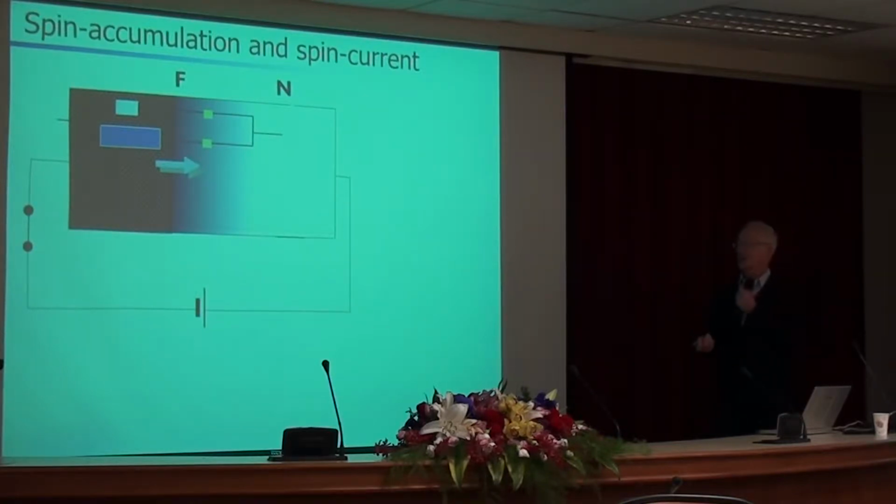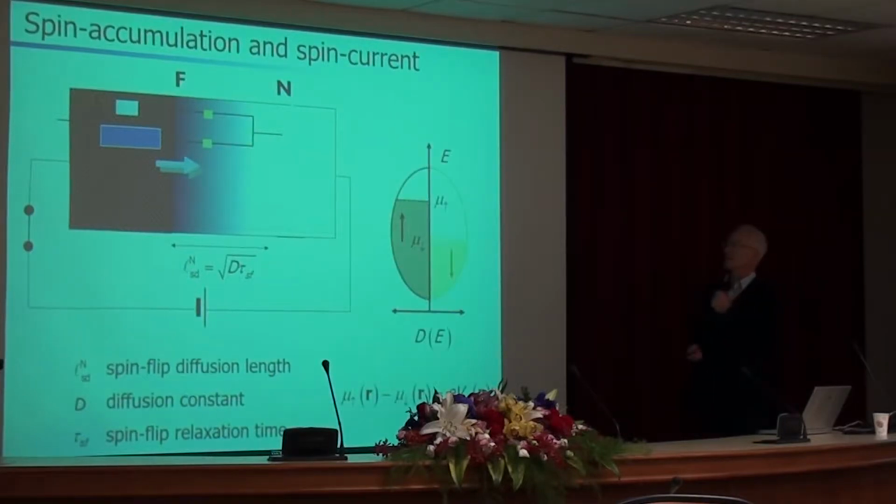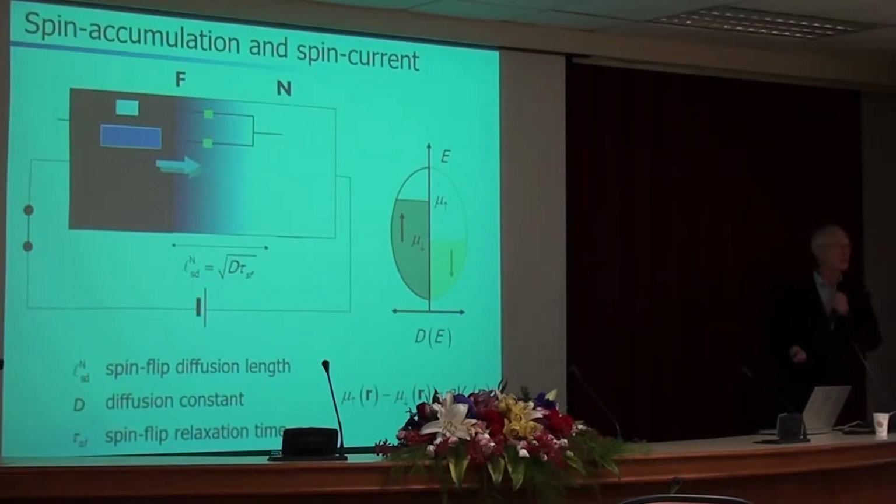This magnetization has a finite lifetime, and it exists over a finite length scale, which are indicated here. Now this spin flip diffusion length can be microns or longer in favorable cases. Now we can parameterize the spin accumulation, this magnetization in the normal metal, by a non-equilibrium difference in the chemical potential of these two carriers.